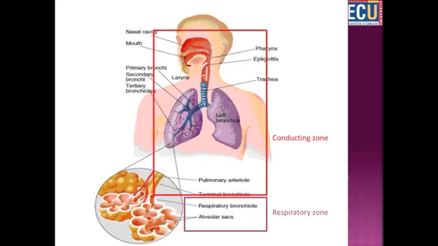When it holds that gas, those capillaries that are wrapped around those specific alveolar sacs, that oxygen diffuses into those capillaries. However, the byproduct of cellular waste is carbon dioxide, right? So that carbon dioxide is diffused from the blood vessels into the alveolar sacs so that we can exhale that carbon dioxide.